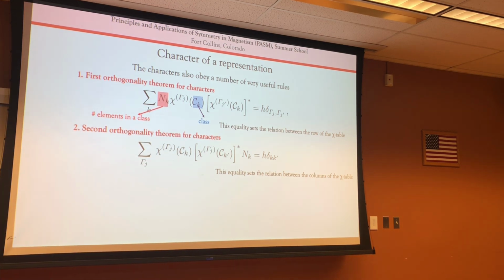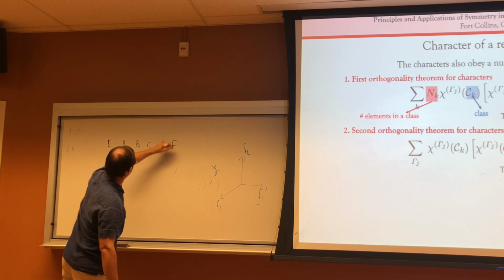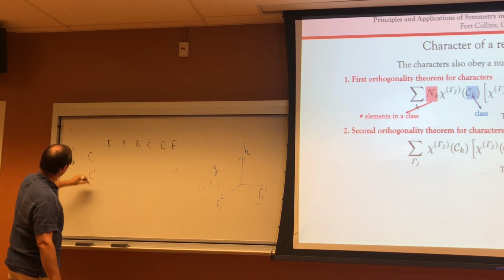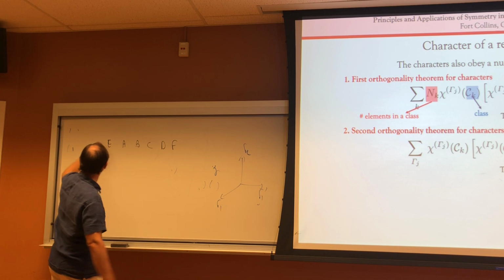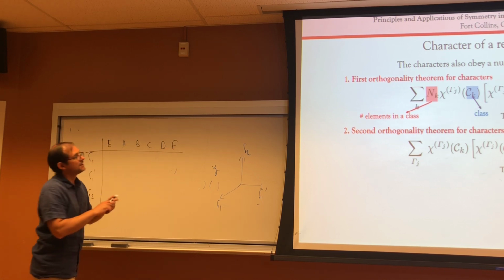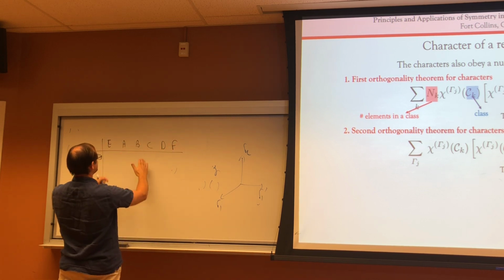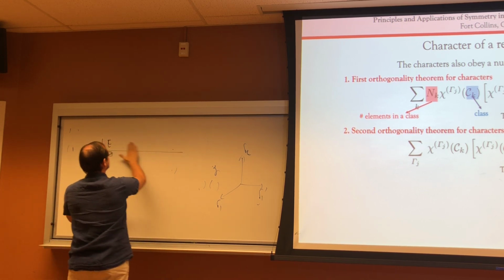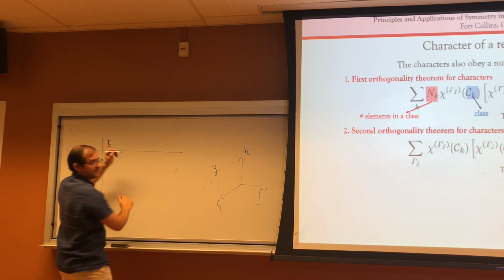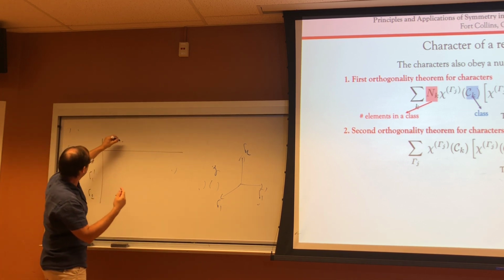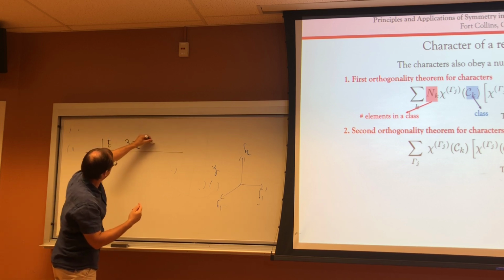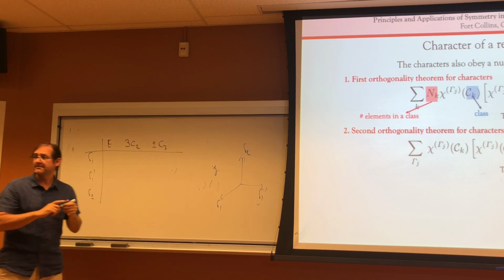So it means that if I have a table, we said we have this E, A, B, C, D, F, and we have the gamma 1, the gamma 1 prime, and the gamma 2 representations. Let me put them together. Remember how many 2-4 rotations? We have 3 2-4 rotations, and we have 2 3-4 rotations, okay?